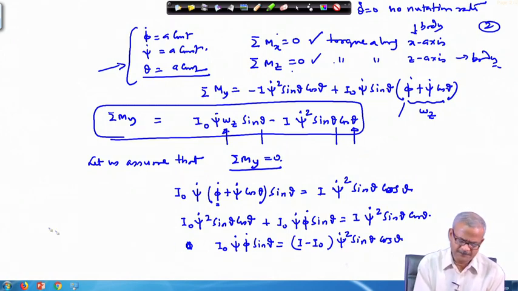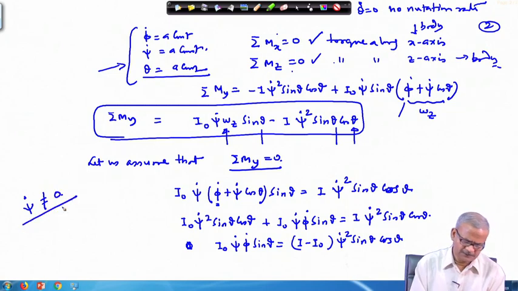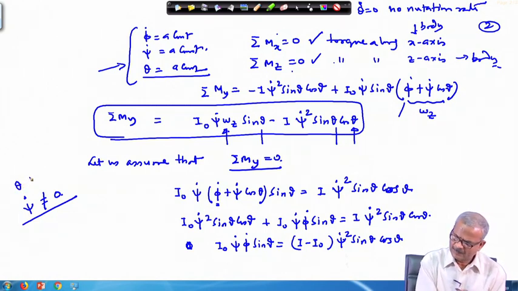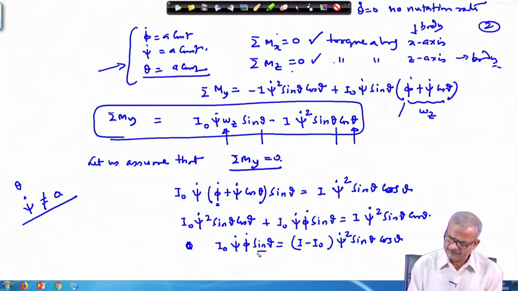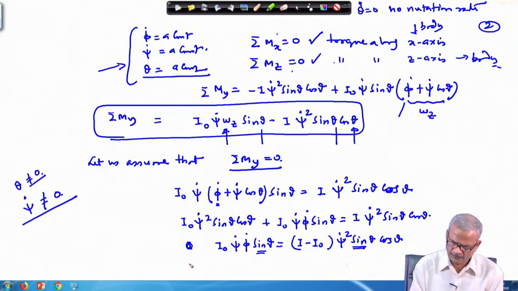Okay, because psi dot is non-zero, and theta, which is present here on both hand sides, is also non-zero. So, in that case we can put it like this.